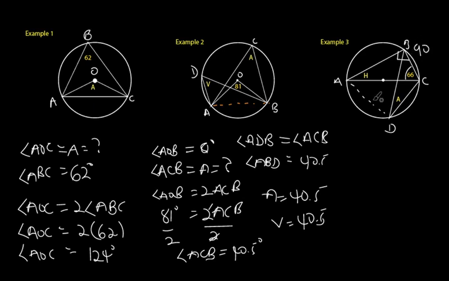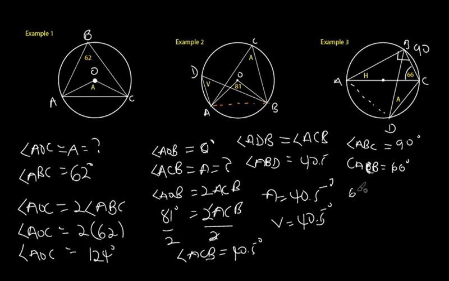So angle ABC, which is this, is 90 degrees. And we know this side to be 66, so angle ACB is 66 degrees. Now we know angles within a triangle add up to 180, so we can simply solve this.